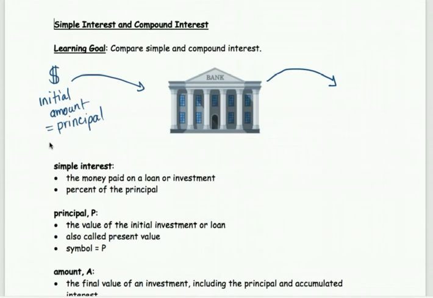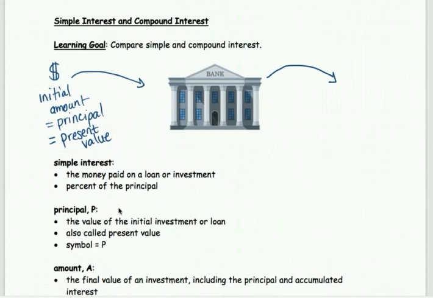So if you're taking some more courses in finance, this way you'll know what they're talking about. I'll usually say principal, but I'll try to use present value as well, because that one makes sense. It's like right now, this is how much you have. But principal is used a lot when they're referring to things like your bank statements.